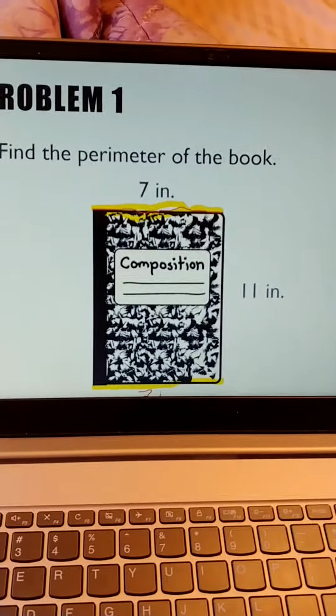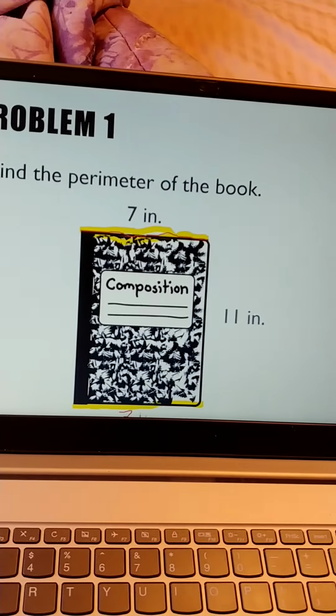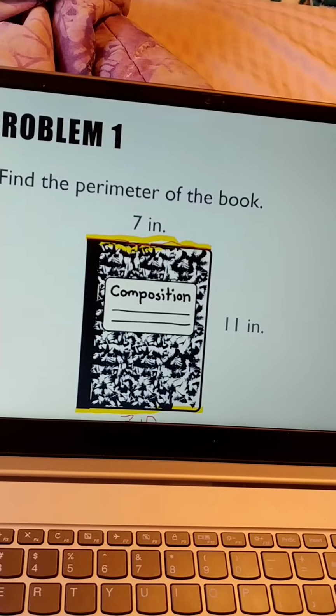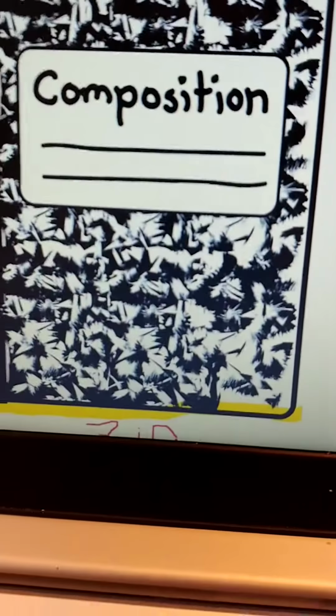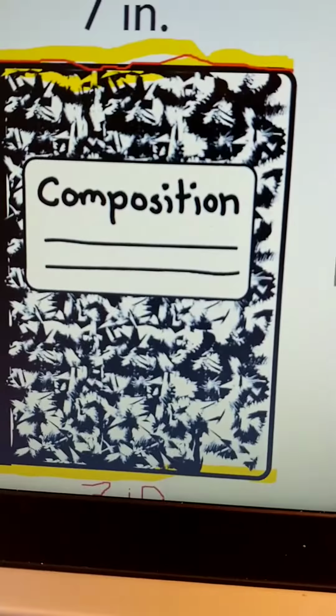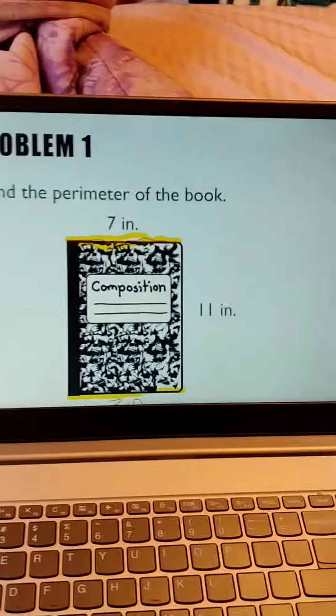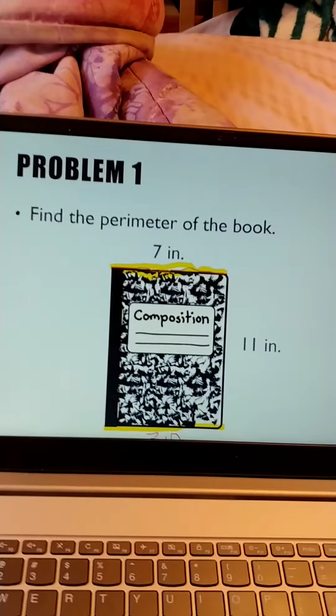It's kind of hard to see because there's not a lot of space to write this, but let me zoom in for you. So 7 inches. Now we have to find the length of the other side.